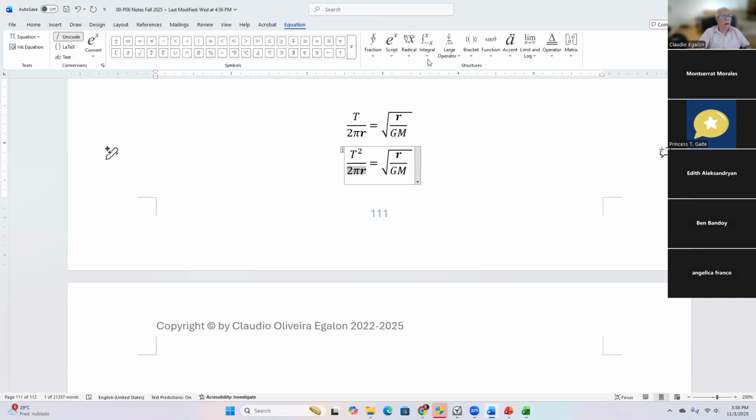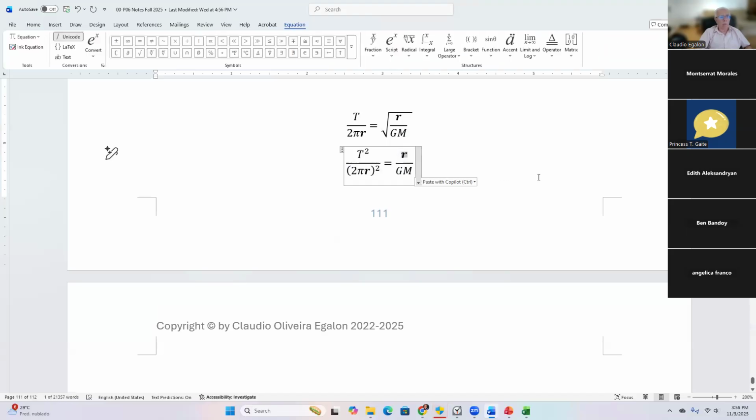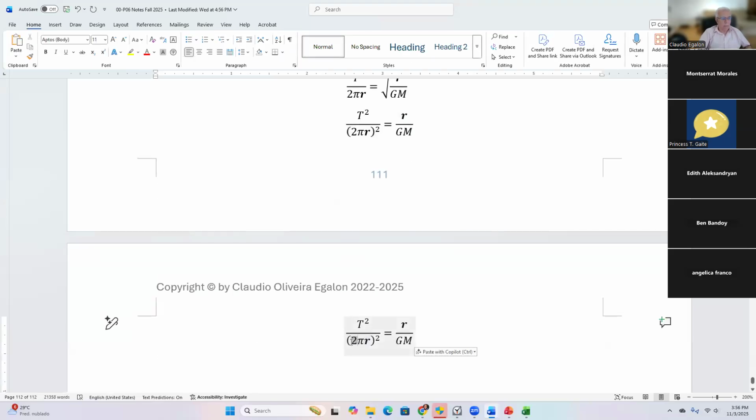I want to write down R equal to something, right? Now for pi squared R squared.